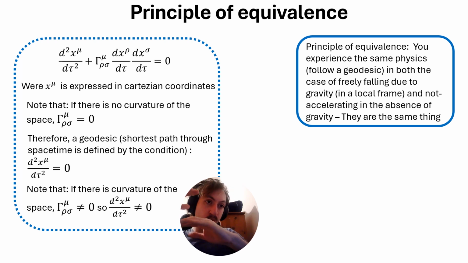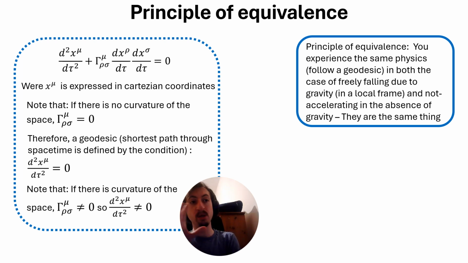As the cats are falling, if one cat is experiencing a different gravitational field strength to the other because it's a different distance away from the centre of mass of the planet, one cat will accelerate more than the other, and therefore by measuring the cats' relative distances from each other, you can identify that there is a gravitational field present, as would any of the freely falling cats. So the principle of equivalence applies only in a local frame.